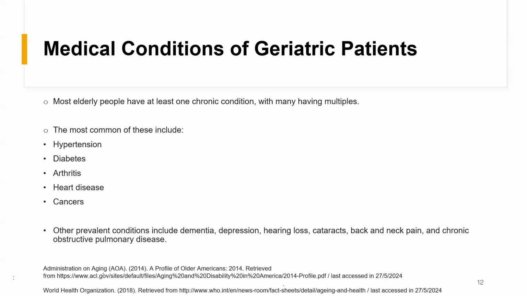All of these systemic conditions, or the medications associated with them, may impact the oral health of older patients. So the dental treatment of this age group is considered one of the most challenging treatments in our field.